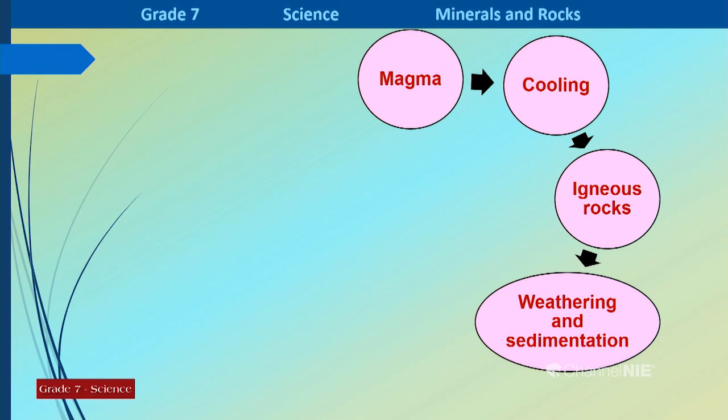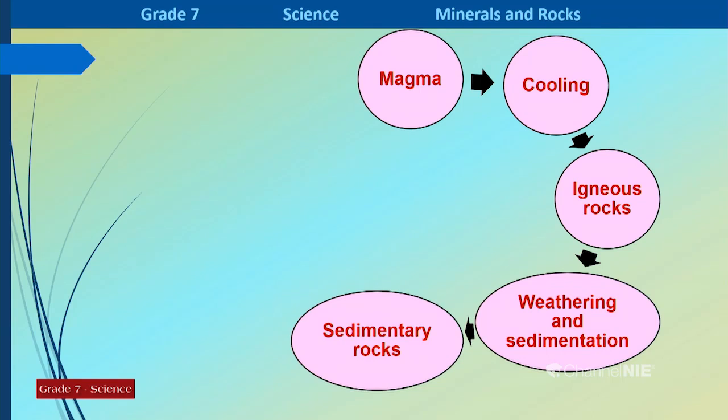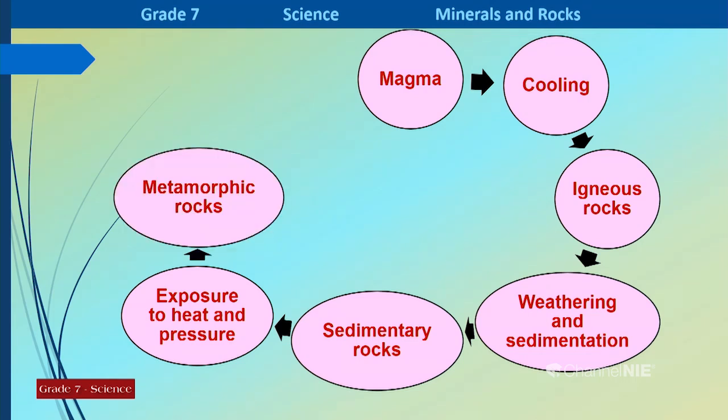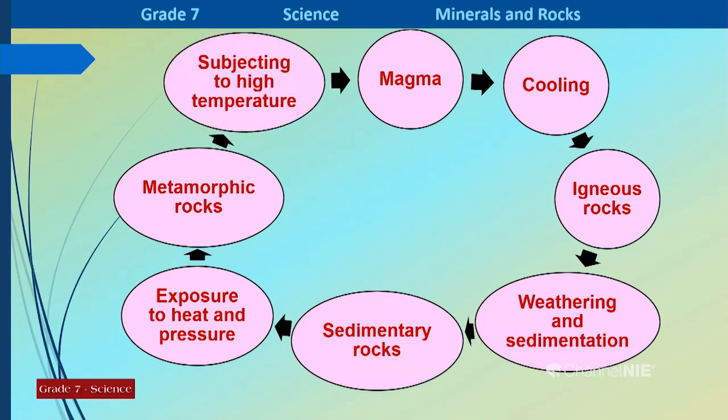Igneous rocks are subjected to weathering and sedimentation. Then sedimentary rocks are formed, and sedimentary rocks are subjected to extreme pressure and heat for a long period of time. Then metamorphic rocks are formed. Again, metamorphic rocks are subjected to high pressure to form the magma.